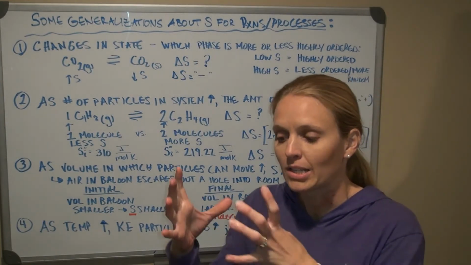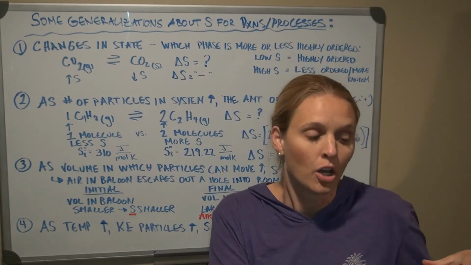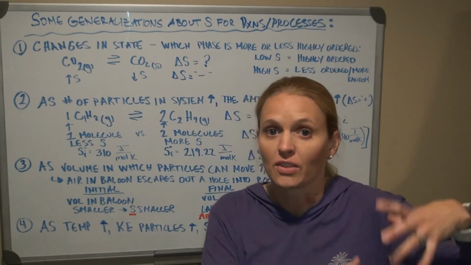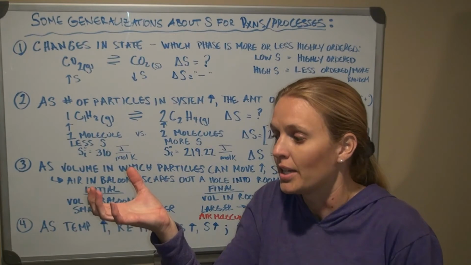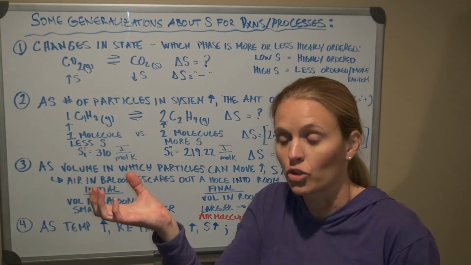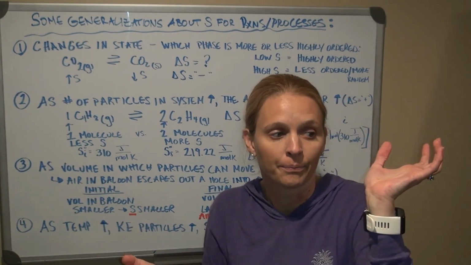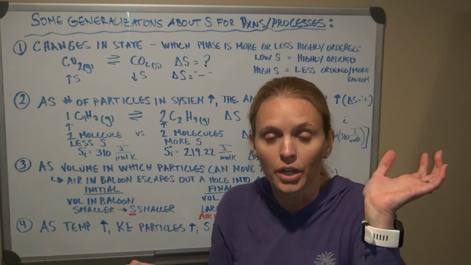If we're going from a solid, which is really highly ordered, to a liquid and then to a gas, which is very disordered with lots of entropy, then the highly ordered solid is low entropy because it has high order and not very much disorder.